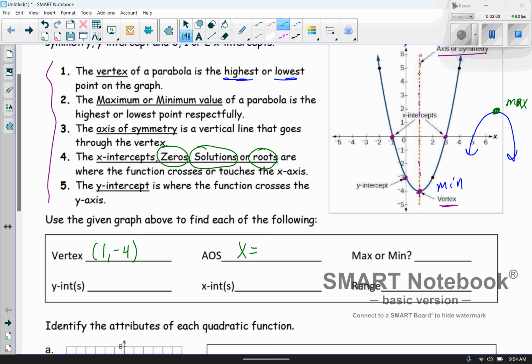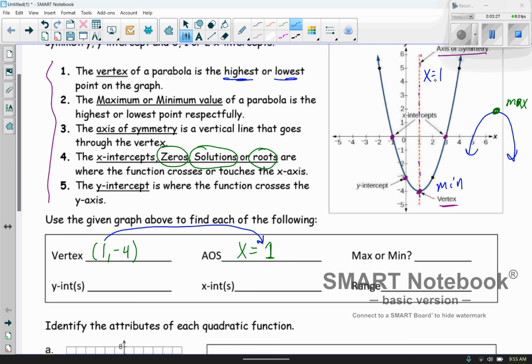What's the x value for all the points on this dashed line right here? They're all 1. What you'll notice is that the axis of symmetry is always going to be x equals the x value from the vertex. So that's the equation of this vertical line right here, x equals 1.